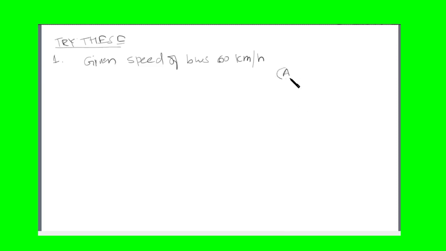Point A, it reaches to point B, and distance between A and B is given 4170. Then it reaches from B to C, and the distance between B to C is given 3410 kilometer.